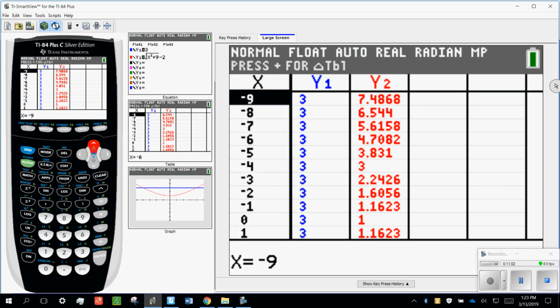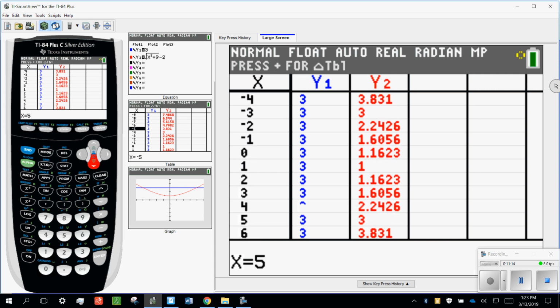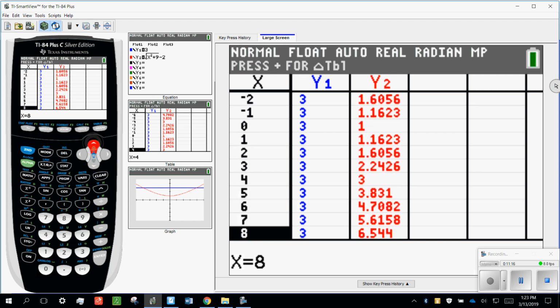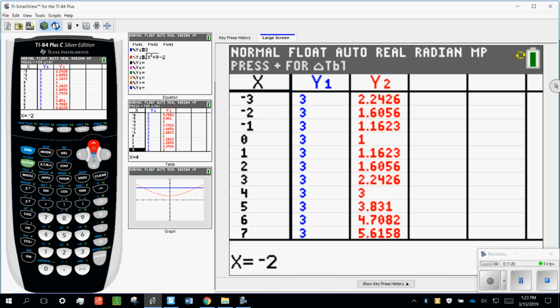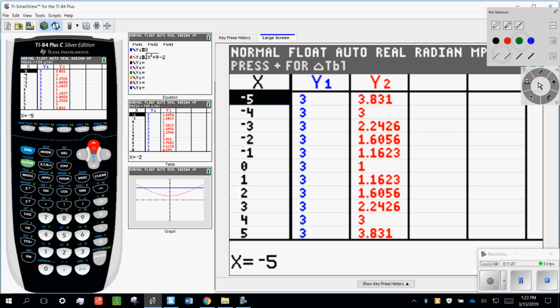So let's just go over here and look. Here's where it's equal to 3. And we want to know where it's less than 3. So where are my y values less than? And you can see right here, this is where at negative 4 and 4, my y values are equal to 3.